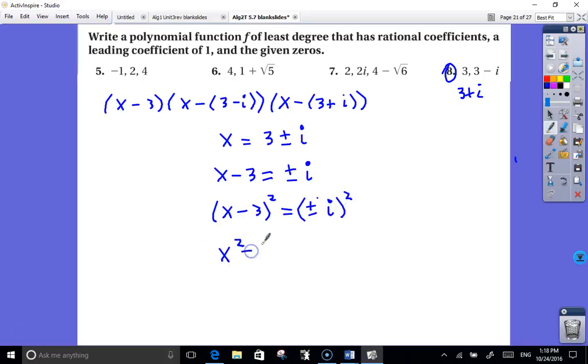X squared minus 6x plus 9 equals, what do you think you're going to get if you square plus or minus i? Well, what does i squared equal? Negative 1. So the plus or minus goes away because you squared it, and i squared equals negative 1. So now we add 1 to both sides, and we have x squared minus 6x plus 10. And then you would still need to multiply by x minus 3.